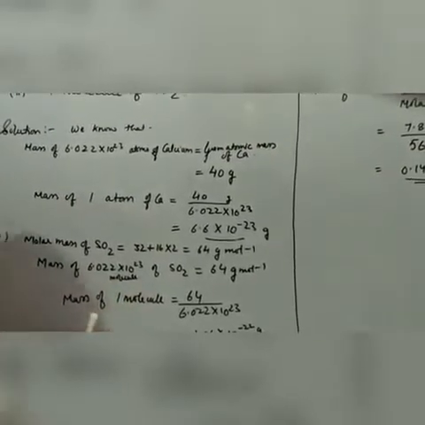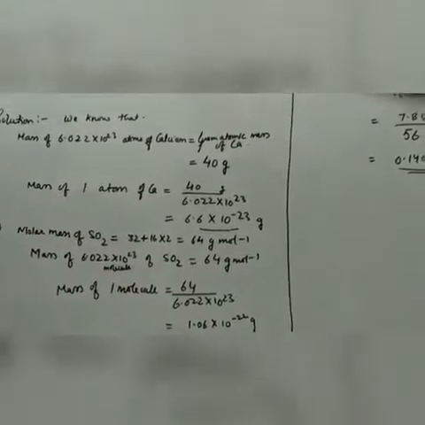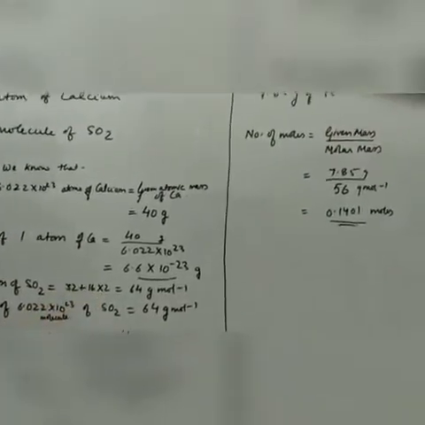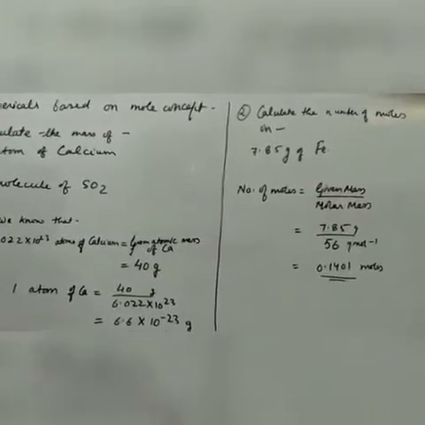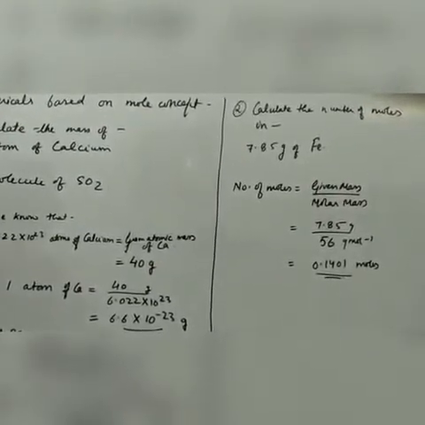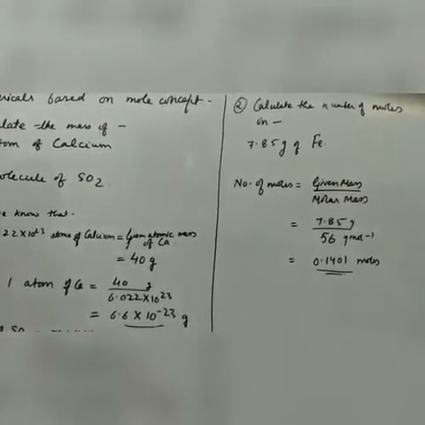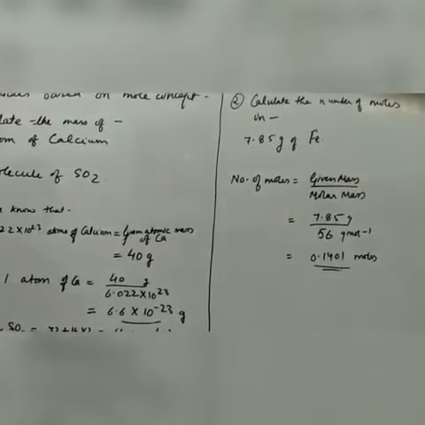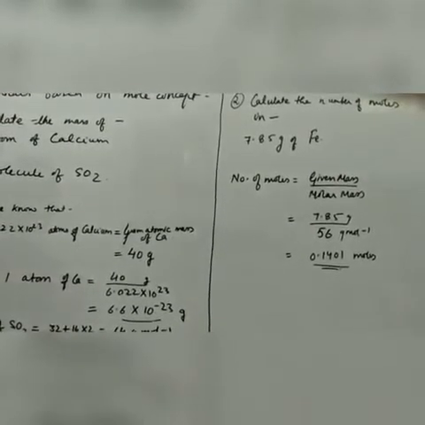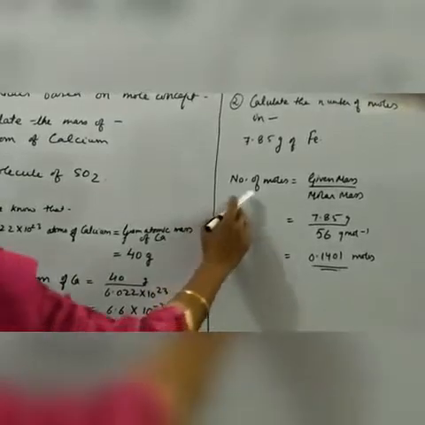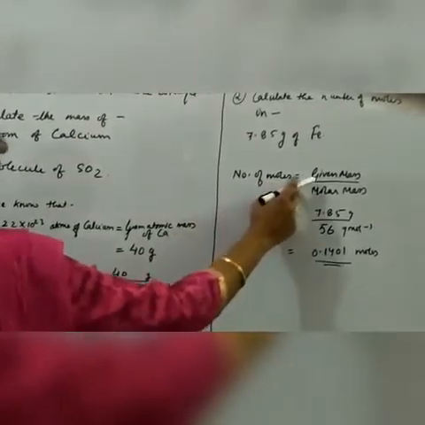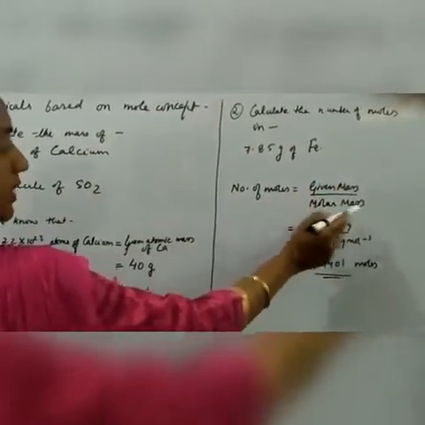Now come to the next question, where we have to find the number of moles in 7.85 gram of iron. First we have to know the formula for finding the number of moles. The number of moles is equal to the given mass upon molar mass.